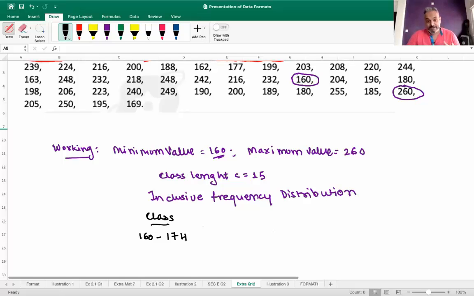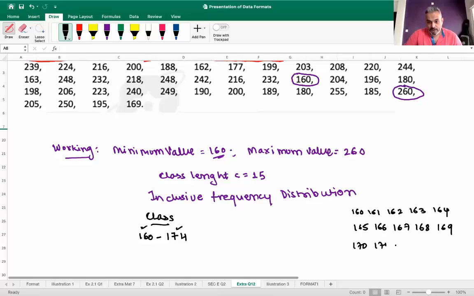Now why like this? Because 160 is also to be included and 174 is also to be included. You don't trust me? Let's count and do it. 160, 161, 162, 163, 164, 165, 166, 167, 168, 169, 170, 171, 172, 173 and 174.